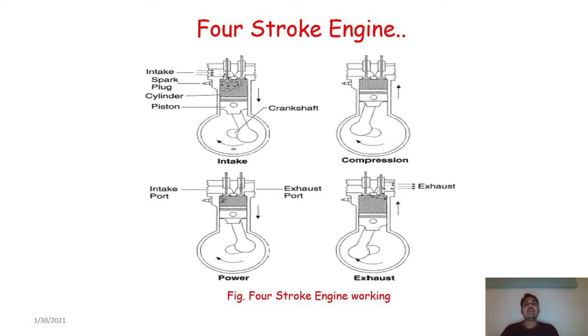Through this inlet valve, the air and fuel mixture from the carburetor will come inside the engine cylinder, which is called the chamber of the cylinder. This process is called the suction process or intake process. During the suction or intake process, the piston moves from TDC to BDC, and through the inlet valve the air and fuel mixture comes inside the engine cylinder. This is called the process of suction or intake process.